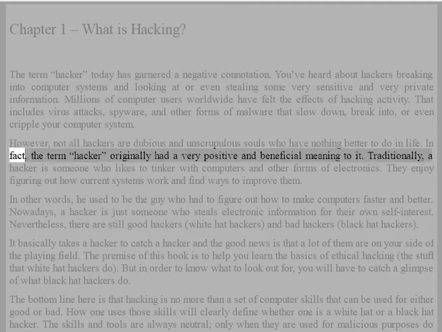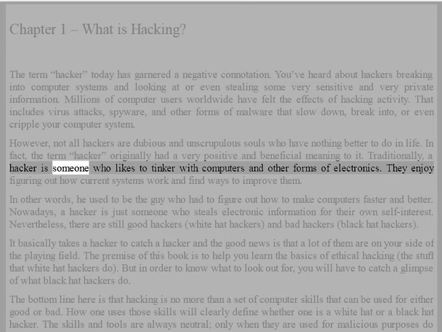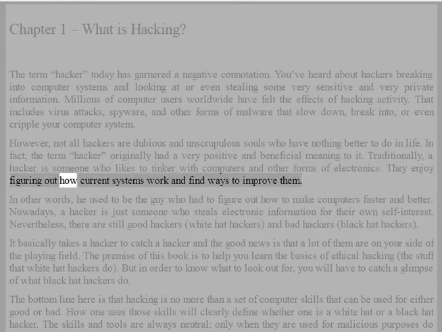In fact, the term hacker originally had a very positive and beneficial meaning to it. Traditionally, a hacker is someone who likes to tinker with computers and other forms of electronics. They enjoy figuring out how current systems work and find ways to improve them.